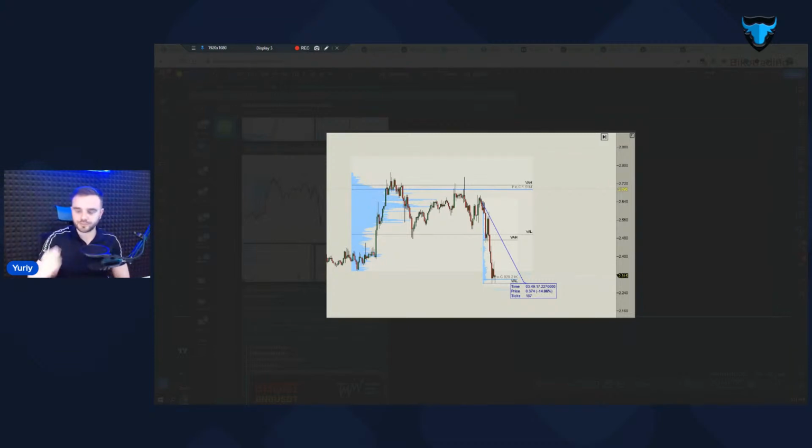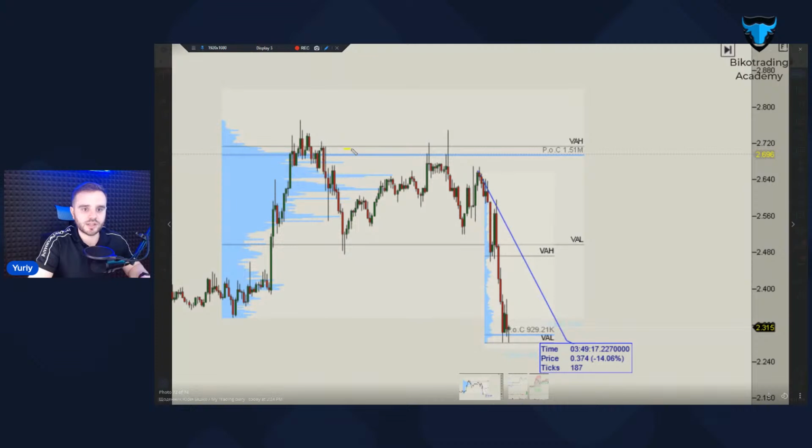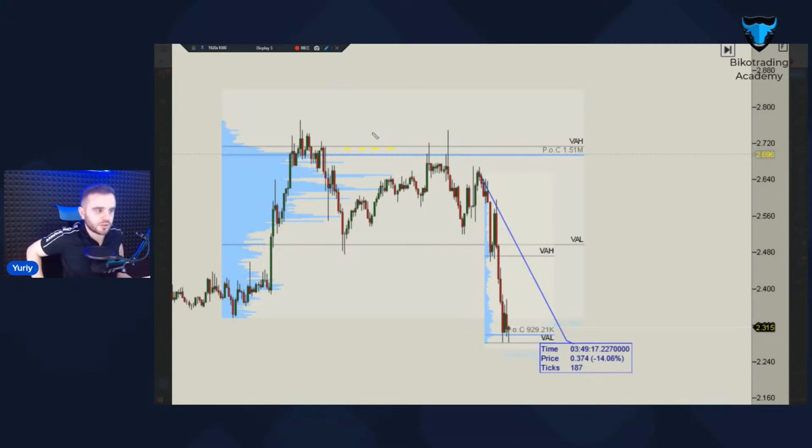For example, have a look at this idea. Do you guys understand what this means? Because if some of you are watching this stream for the first time and didn't see our streams before, do you know what exactly this means? This is a level where 1,500,000 coins traded.